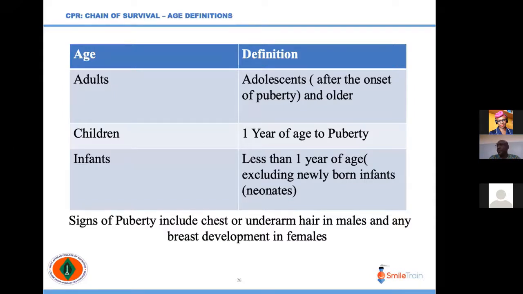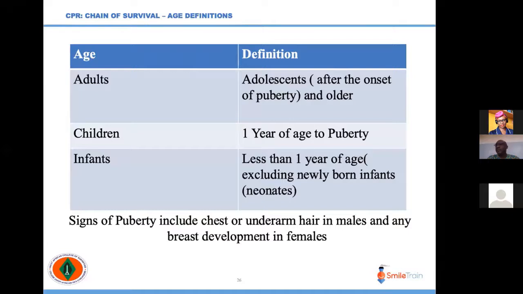Adults are adolescents after the onset of puberty. Then we have another category, small children or infants. These are those under 1 year, excluding newborn babies who have different needs in terms of resuscitation, and they are not going to be considered in this lecture today.